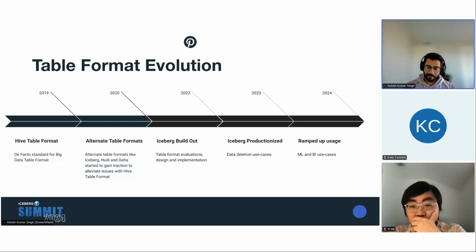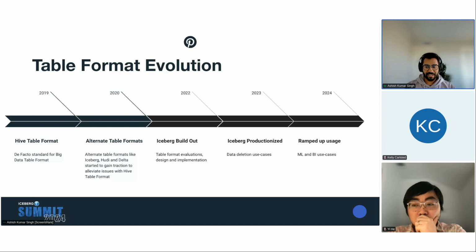We started evaluating different formats, and then we finally made a decision to go with Iceberg, and then we started building it out at Pinterest, which means adopting it, getting approval from stakeholders, integrating it with various systems. But by the end of 2022, we were running Iceberg in production.